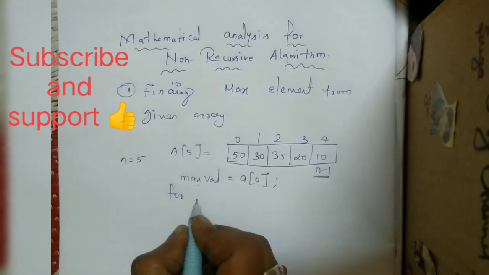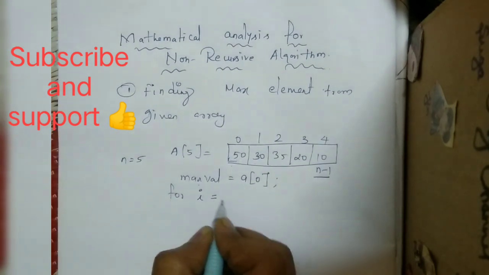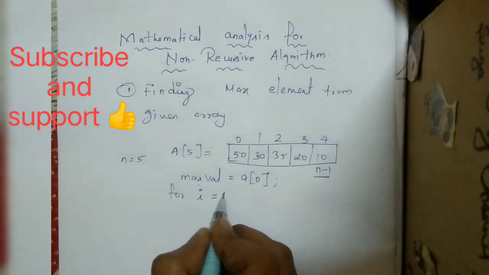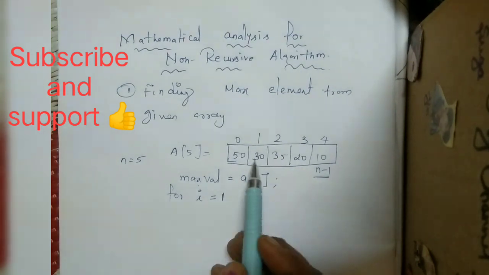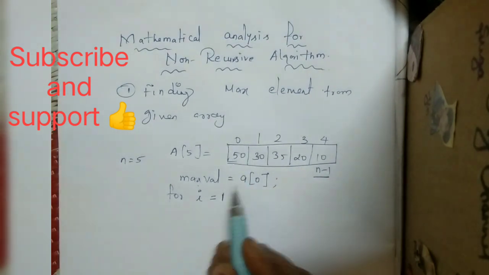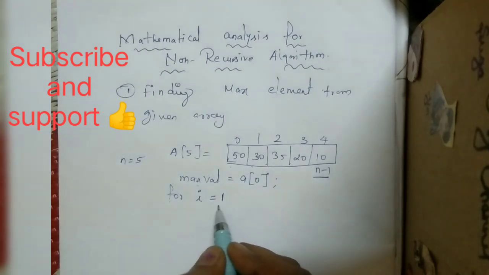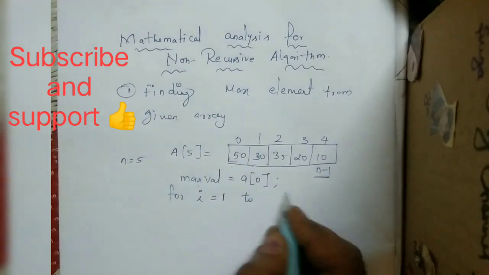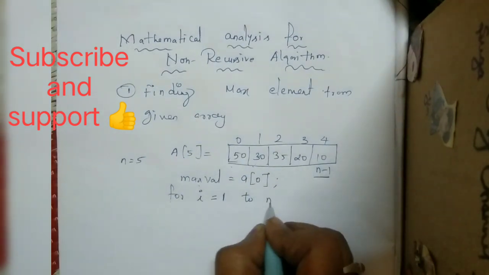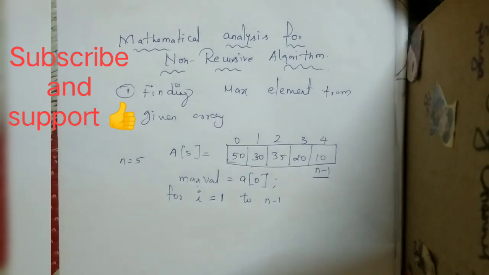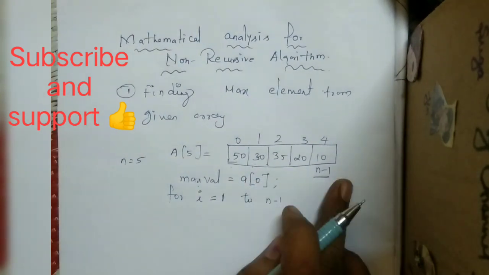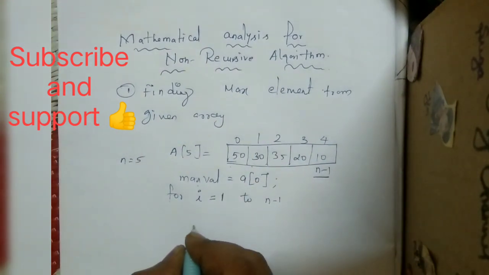Using the for loop, we check for i equal to 1. Why 1? Because we have already taken the element at index 0. So next we start checking from the first index. We write i equal to 1, 2, up to the last index, which is n minus 1. From this location we compare up to the last location.